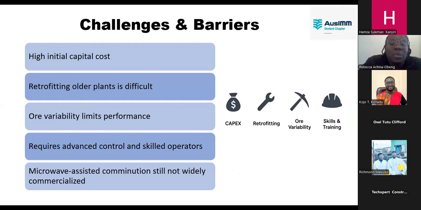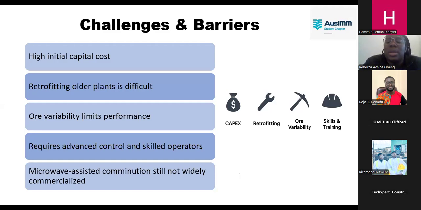Technologies such as HPGRs, microwave systems, or large-scale ore sorters require substantial upfront investments, and many operations struggle to justify the capex, especially if the mine life is limited or commodity prices are uncertain, as we normally see in the stock markets every now and then.